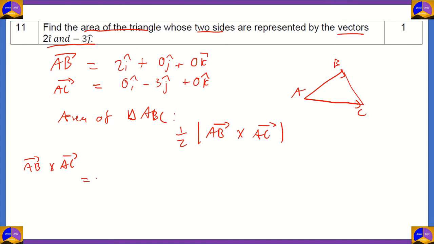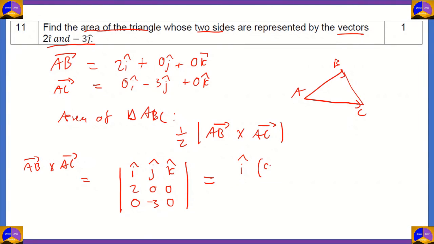So the cross product is the determinant of the matrix I cap, J cap, K cap in the first row, 2, 0, 0 in the second row, 0, minus 3, 0 in the third row. So over here, I cap comes first, and then the determinant, so then let's find out the value of the determinant.